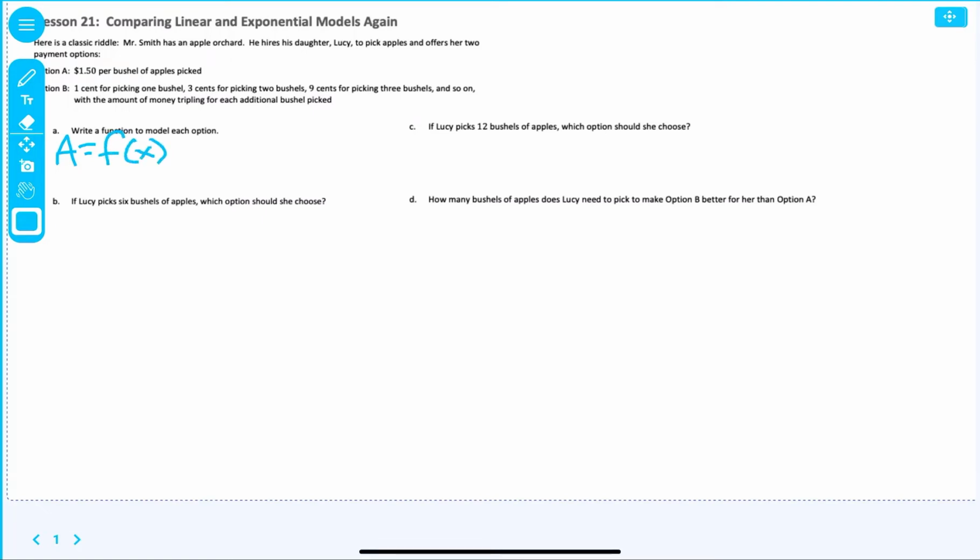F of x equals what? 1.5x. $1.50x. Everybody see that? Where x is what? What is x? Number of bushels. Yep. X is the number of bushels.